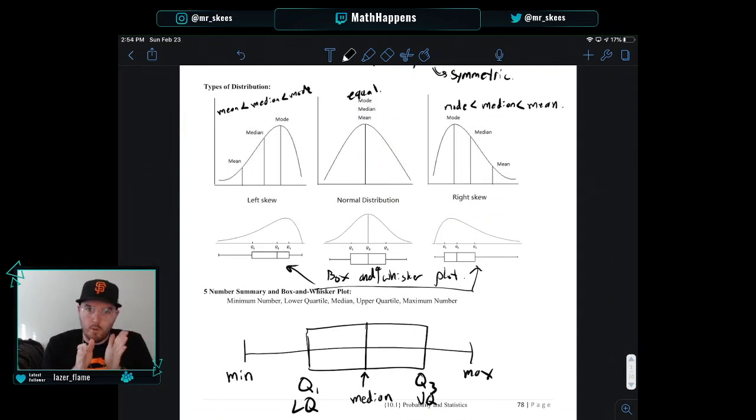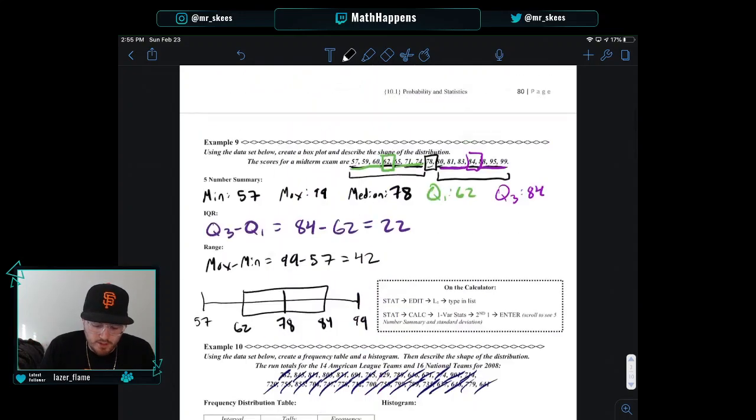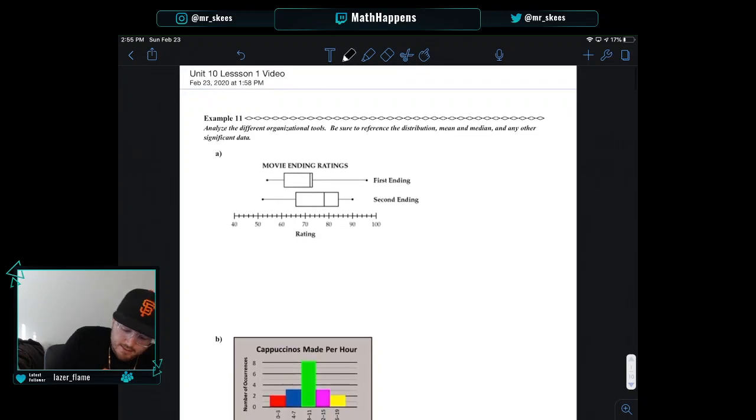When more of the data is on the right, it's actually left skewed. And when a lot of the data is on the left, it's actually right skewed. To be skewed means that it's lacking, right? So skewed means less of that. So right skew, less on the right. Left skew, less on the left. So this right here is right skewed.